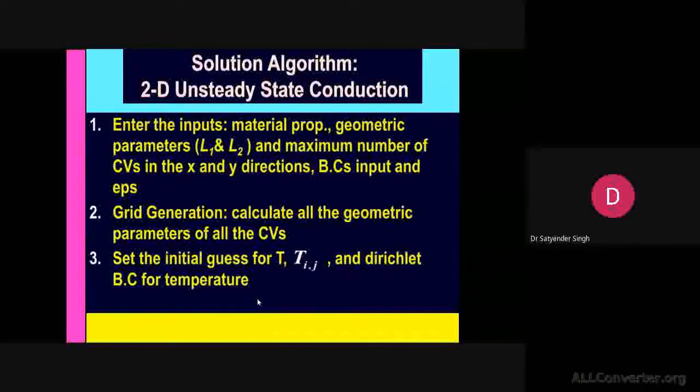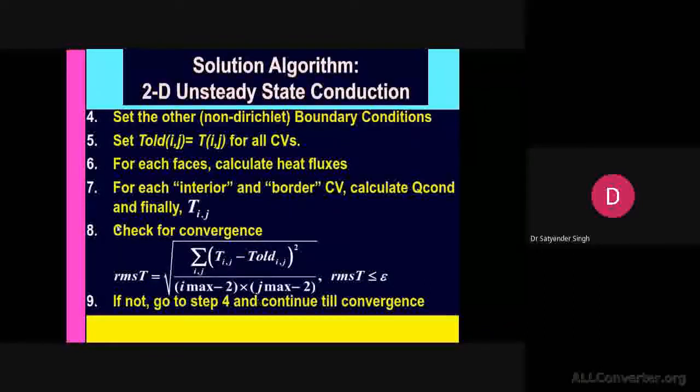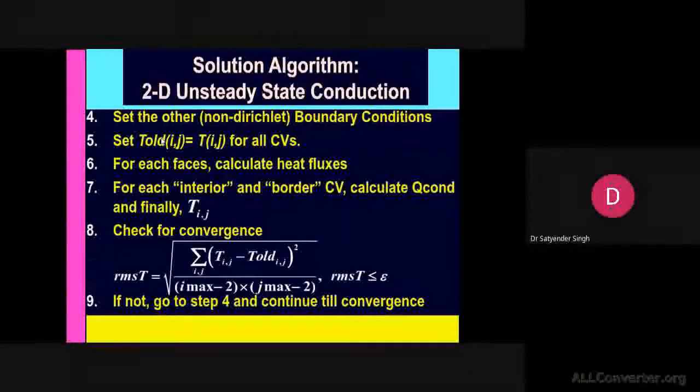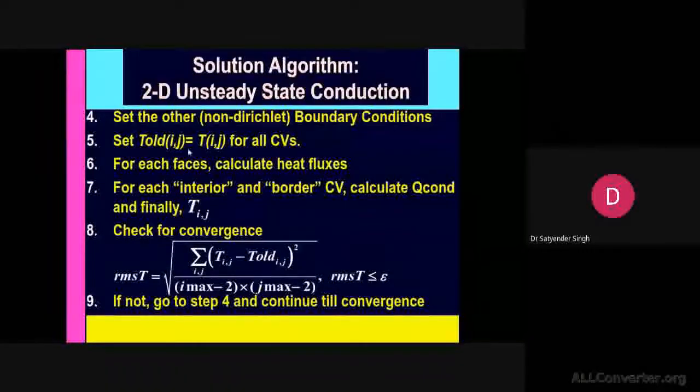So what are the steps? Earlier we have to define the length, give the information about the matrix as per the x or y coordinates. We have to apply the boundary conditions, and we have to also state the initial conditions. We have to generate the control volumes, and then we have to define one old matrix. For that, first we will carry out the solution on the basis of temperature, where we will define the initial conditions, and then all the new values will be stored back to the old.